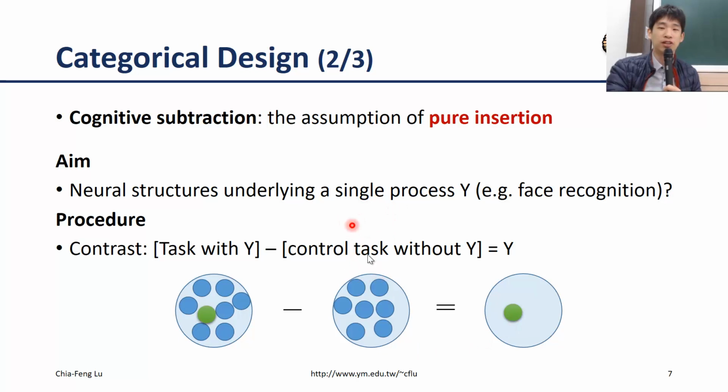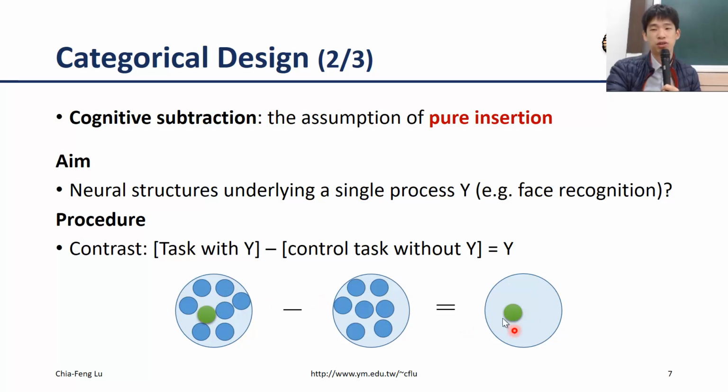However, how to identify this control task, what kind of picture you should use, is a critical question. If you didn't pick the right control, you may not only get the difference right here, you may also get another difference right here, because in the control, you may also lose this part.